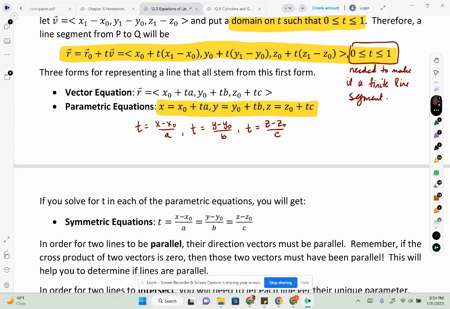All three of these representations are actually t, so all three of them are equal. In the symmetric equations, we're explicitly showing that symmetry: when we solve for t in each of the components, we get a triple equivalent. Okay, so know the difference between the vector equation, the parametric equations, and the symmetric equations.